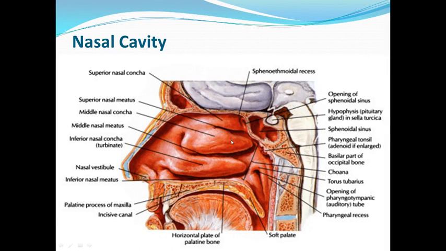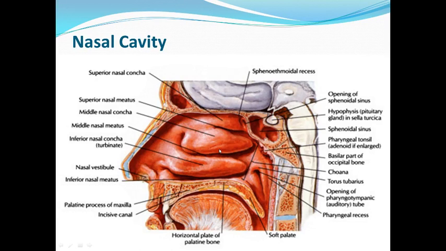Leaving the lateral wall, I defined the boundaries of the nasal cavity: each nasal cavity has a roof, a floor, a lateral wall, which is visible in this figure, and a median wall. The median wall is the nasal septum, which is common for both sides.